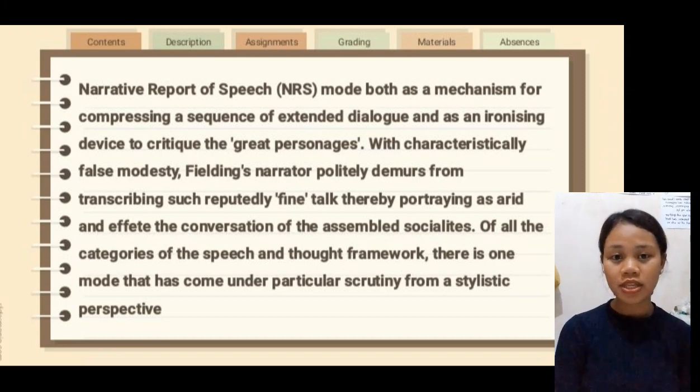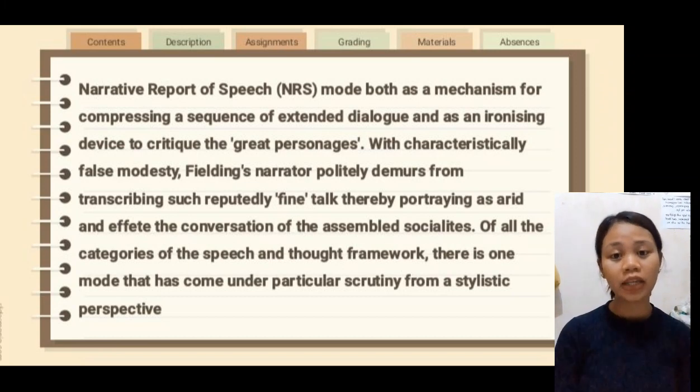Of all the categories of the speech and thought framework, there is one mode that has come under particular scrutiny from a stylistic perspective. So, the author uses a clever way to summarize long conversations and make fun of important people.